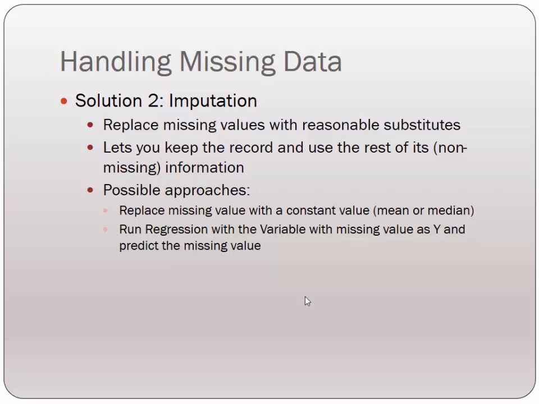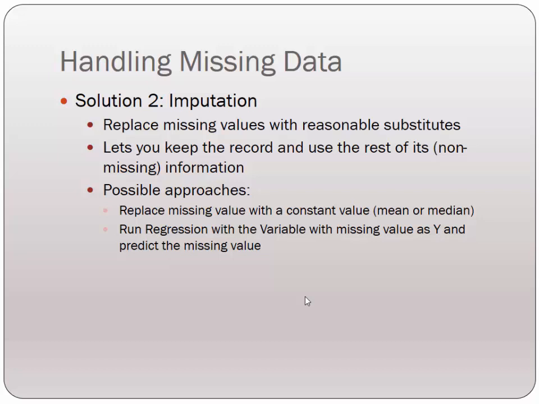But the downside is that it has a tendency to decrease variance, because wherever there is missing, you're going to plug in exactly the same value. So it artificially will deflate the variance of that variable. That is the problem with computing a single value. It could be mean or median, and you replace the missing value with that.